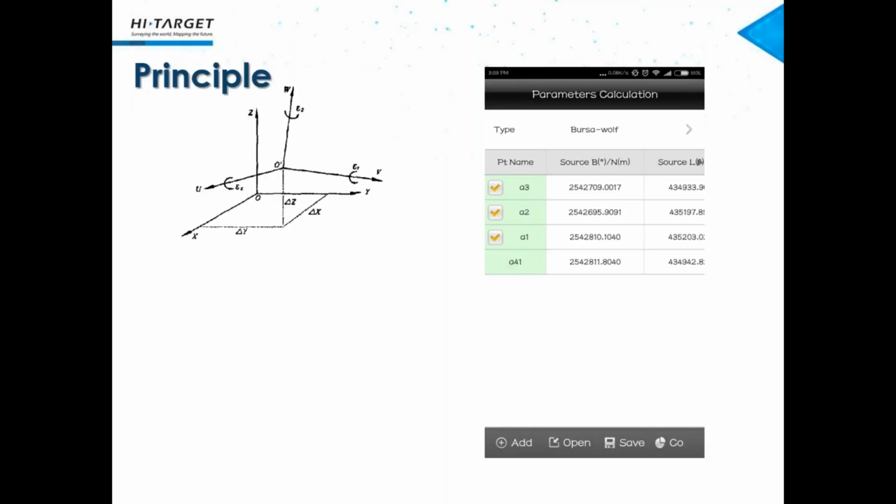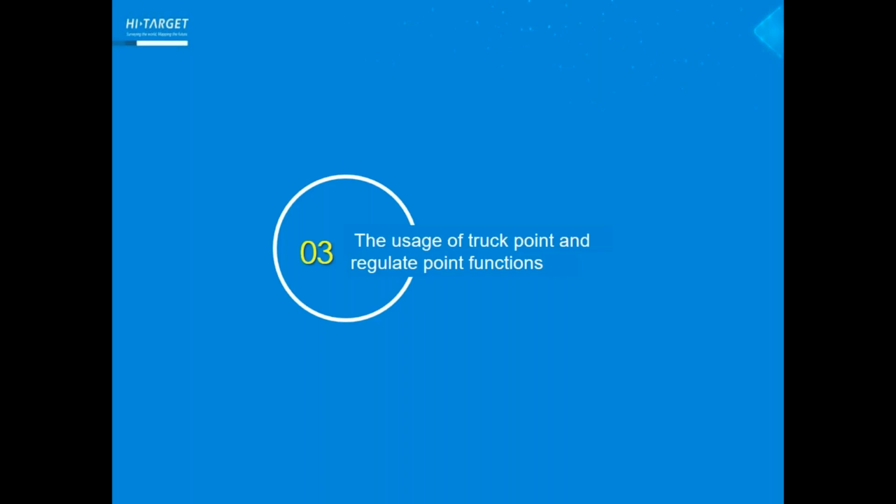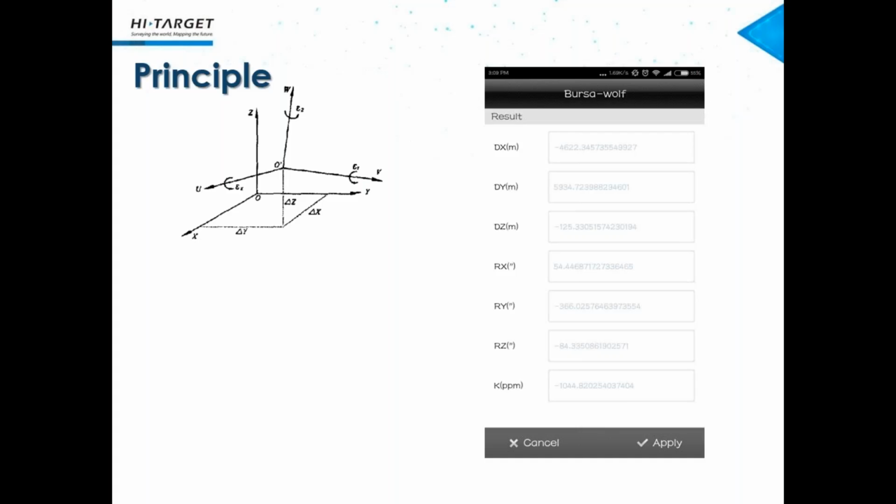In the right down console, we can get the results, and we press apply. So here are the steps of 2D Helmholtz parameters calculation and Bursa-Wolf parameters calculation in Hathaway.